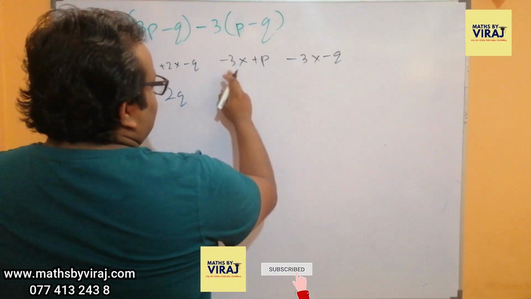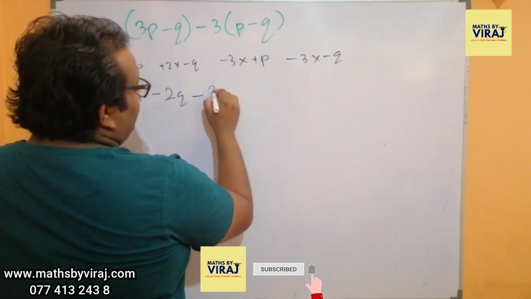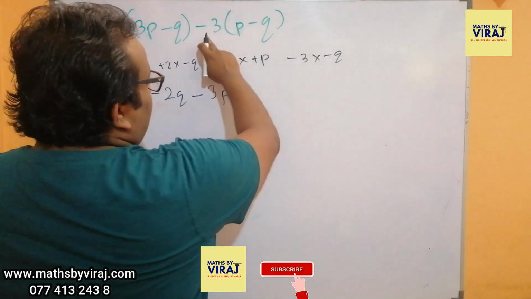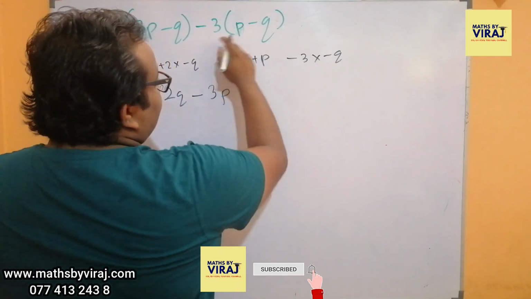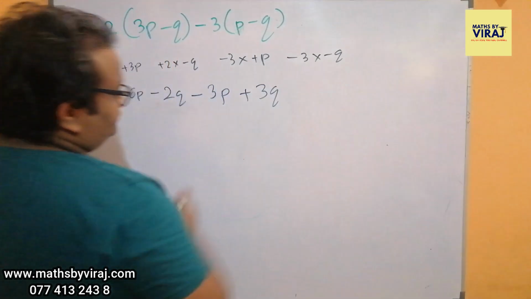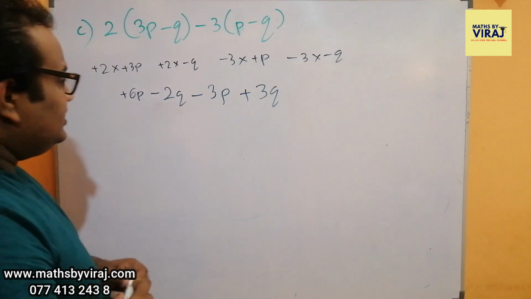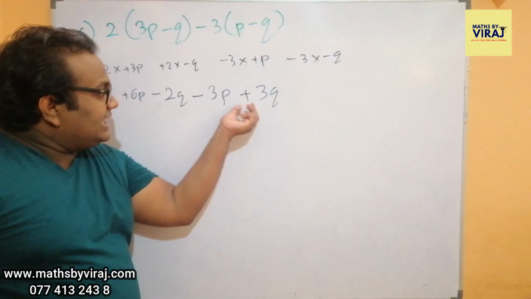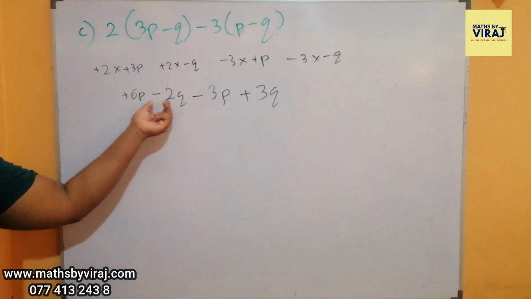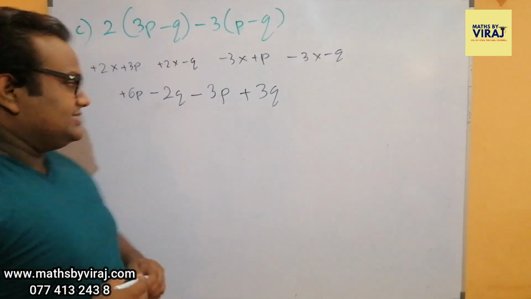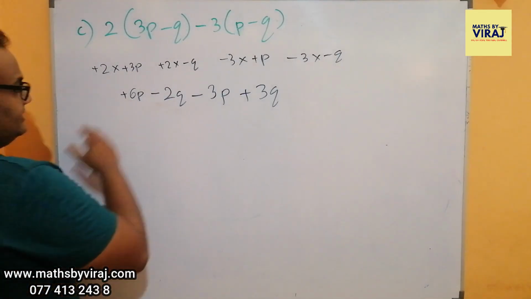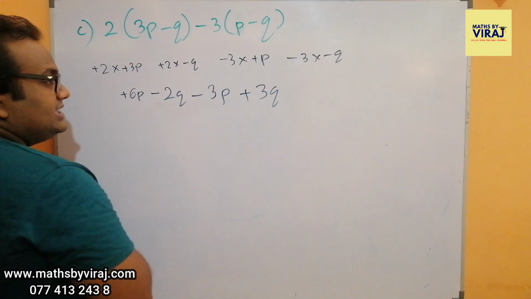Minus into plus is minus 3 into p is 3p. Minus into minus is plus 3 into q is 3q. Now children, you can understand that the sign comes between the expressions. Now you see that there are terms which are similar.